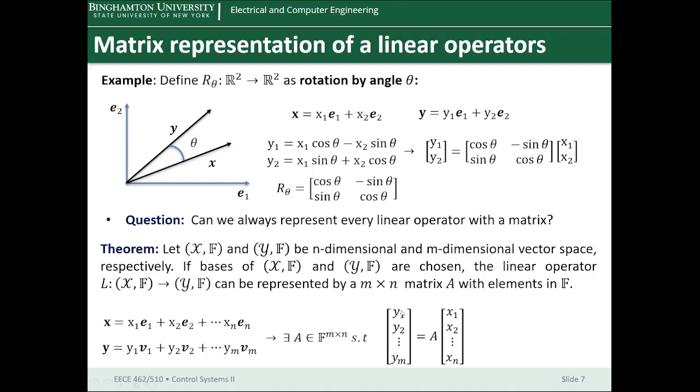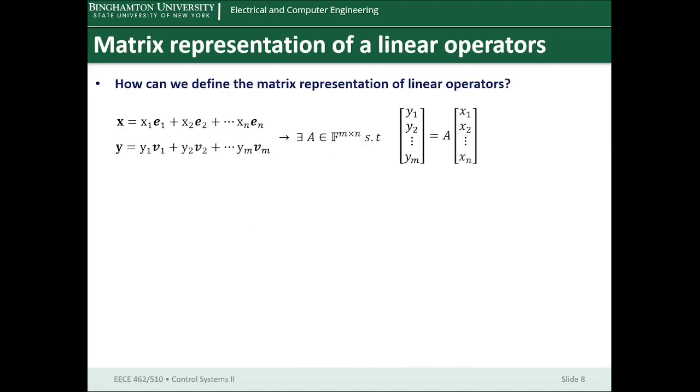Because the dimension of the left hand side is m and the dimension of x is n, A should be an m by n matrix. How can we actually define this matrix?